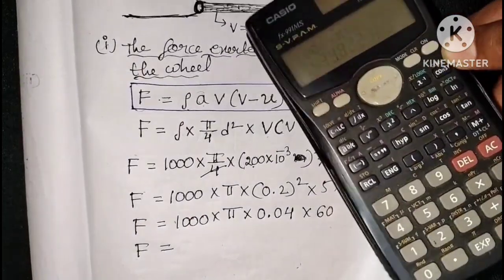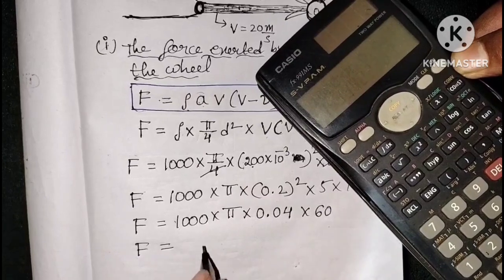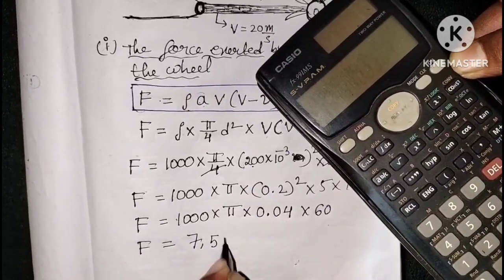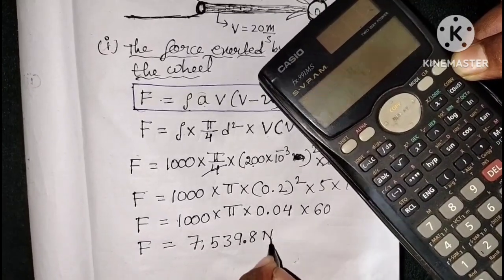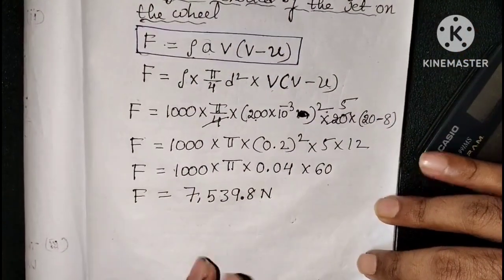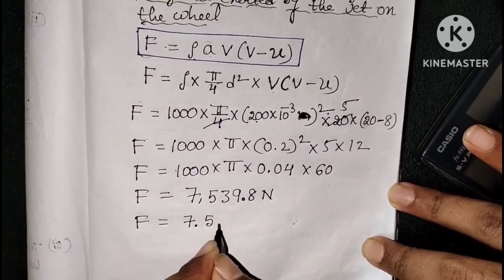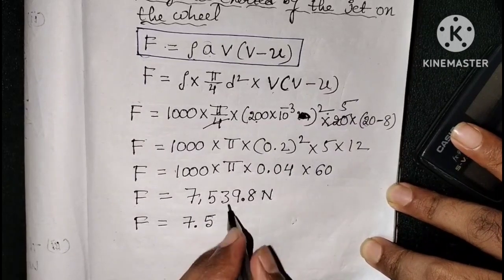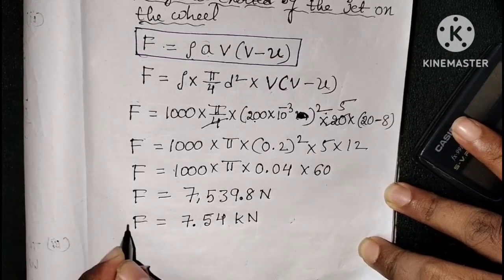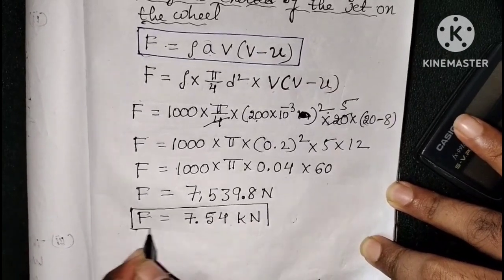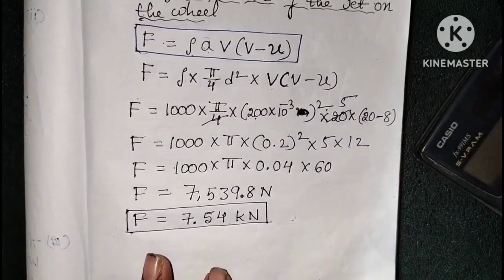So you will get the force exerted by the jet on the wheel as 7539.8 newtons, or approximately F is equal to 7.54 kilonewtons. This is the force exerted by the jet on the wheel.